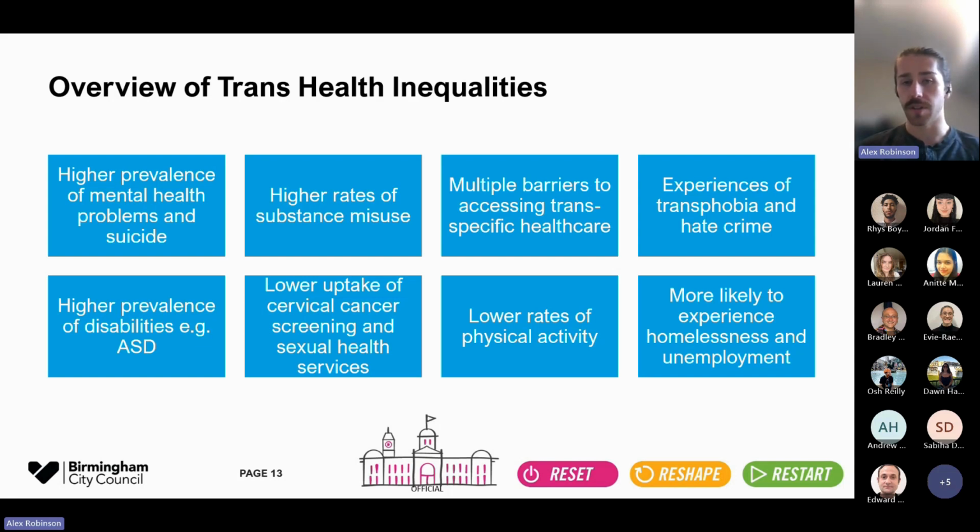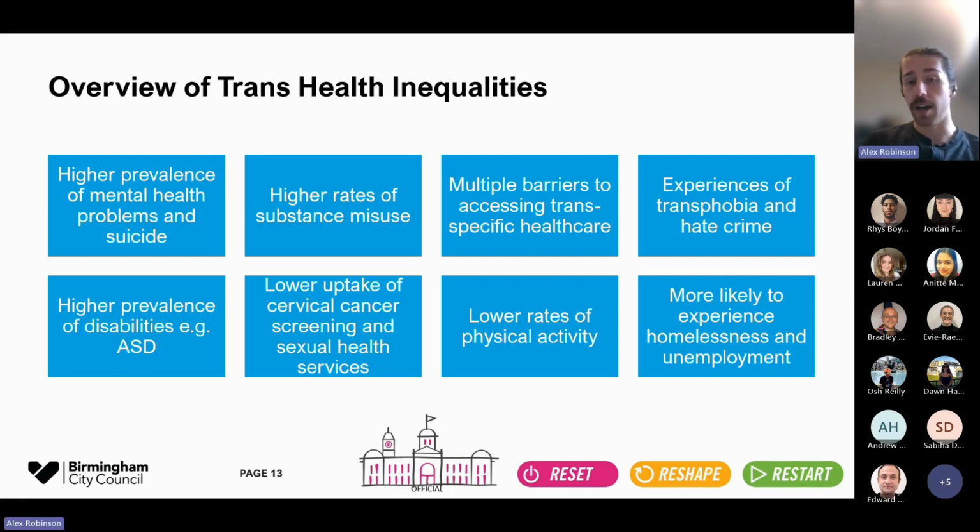So there's significant inequalities in the wider determinants of health. So 35% of trans people in the UK had completed a higher level qualification, so higher education. That's compared to 51% of cis LGBT population. And that highlights health inequalities within the LGBTQ plus community.